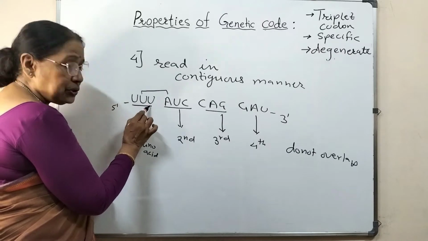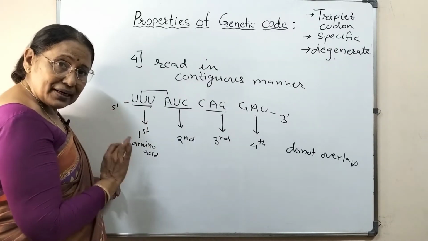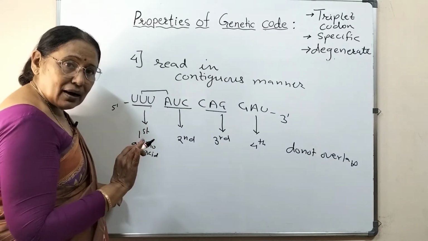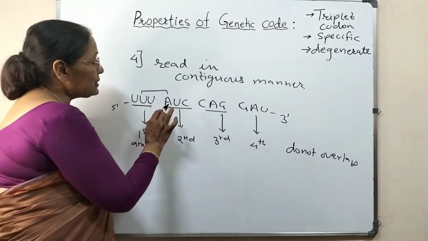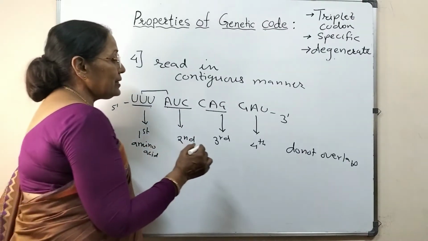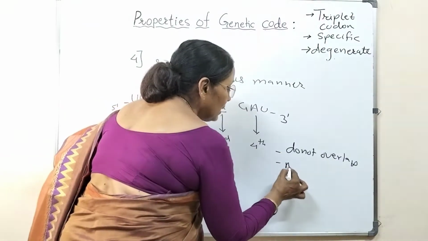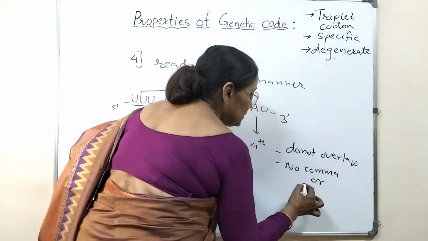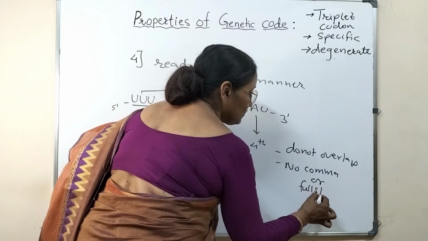After this UUU, which is coding for one amino acid, this A is not acting as a comma. No. This A is part of the next codon. So there is no comma or full stop.